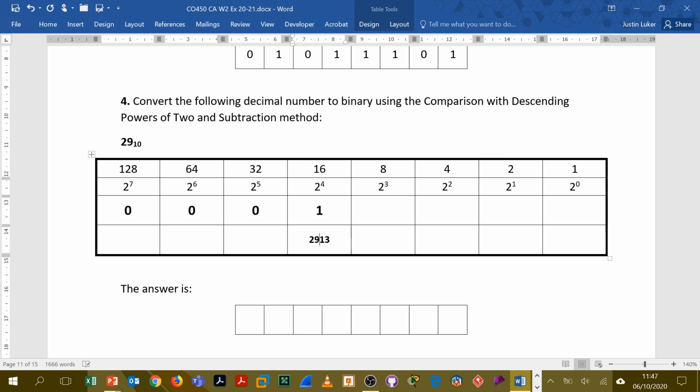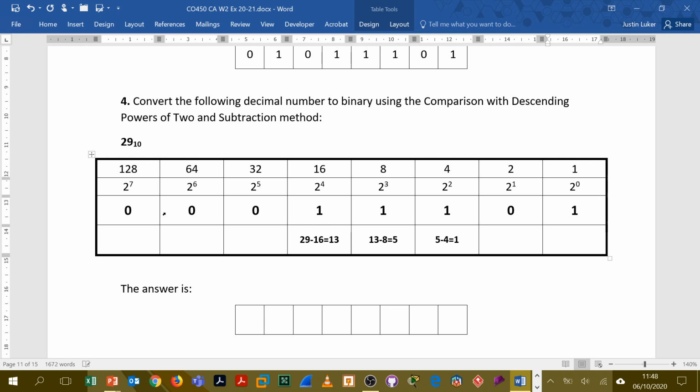So 29 minus 16 leaves us with 13. 8 will go away from that one as well, so 13 minus 8 leaves us with 5, and the 5 we can subtract the 4 from, leaving us with 1.